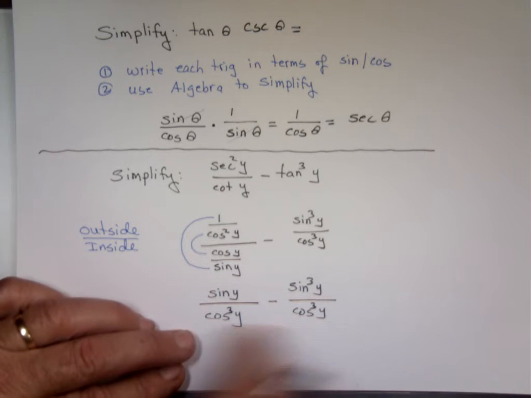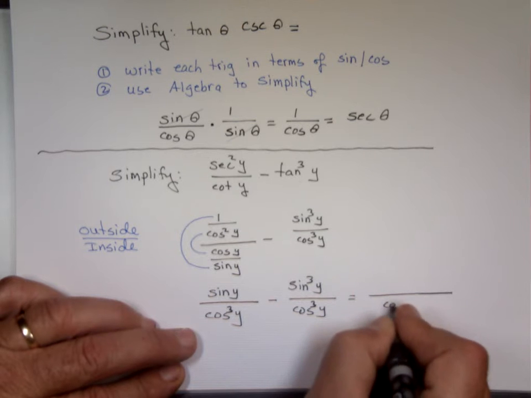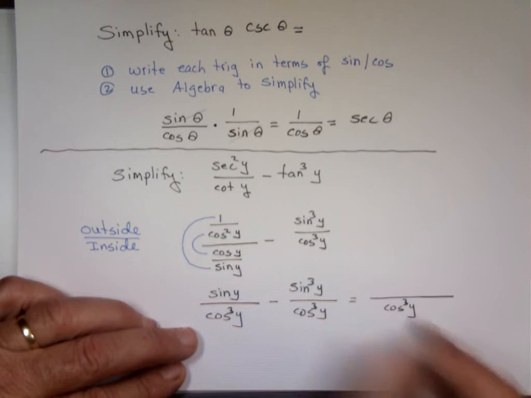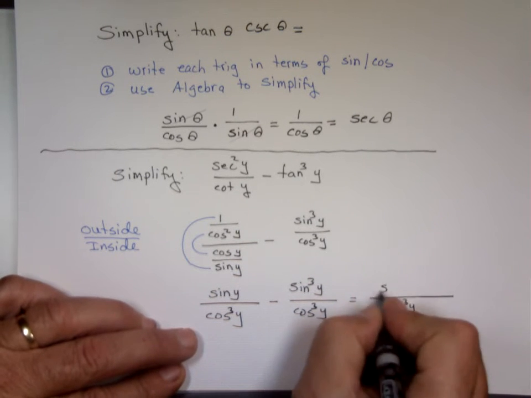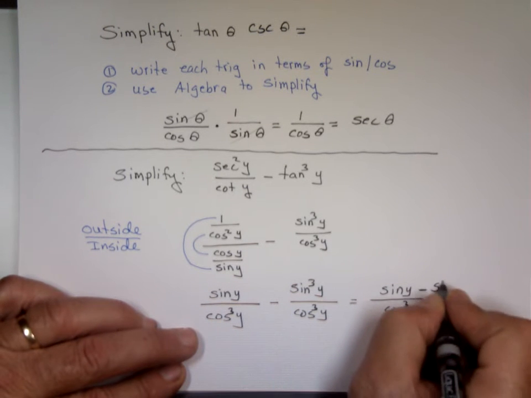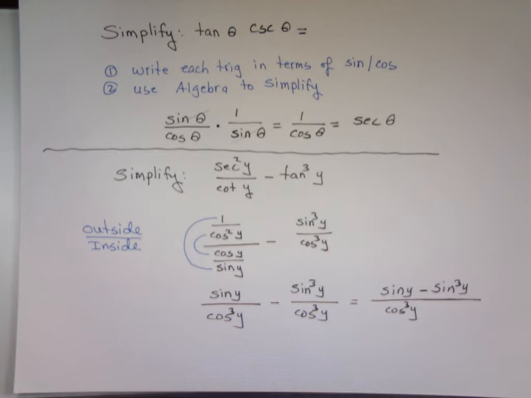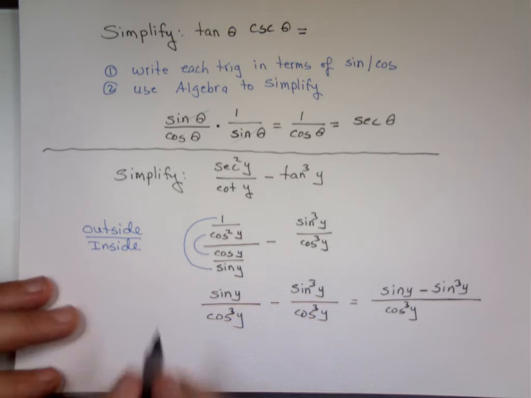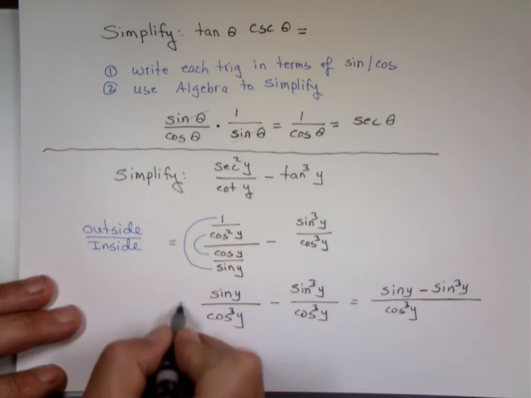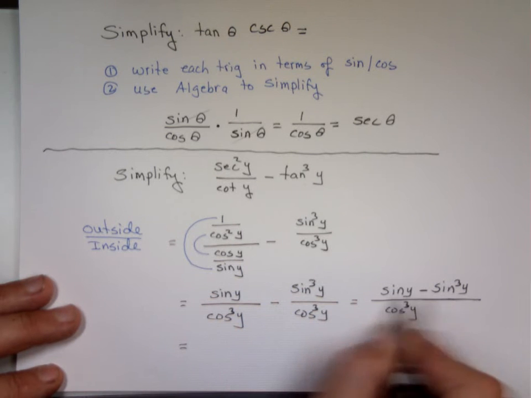Use algebra to simplify it. This will be sine y minus sine cubed y. Again, I'm trying to simplify more if I can. And usually you don't know it till you play with it. I can factor sine y, one sine out of both of these.